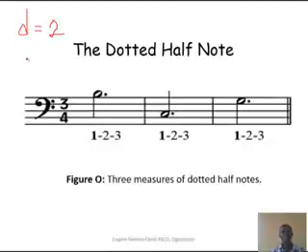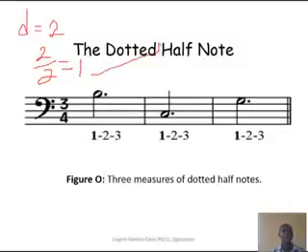Do not forget that if you want to dot it, you divide the beat value of the particular note by 2, and that is going to give you 1.